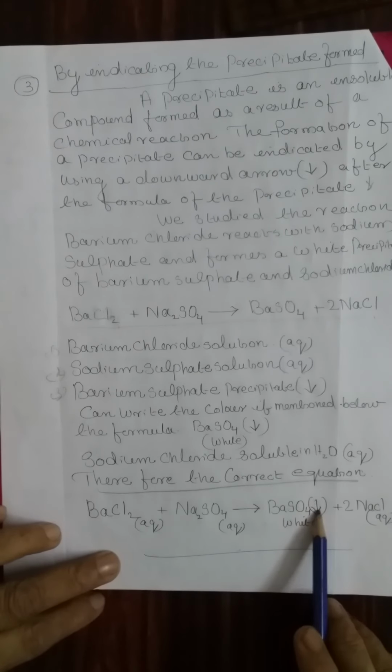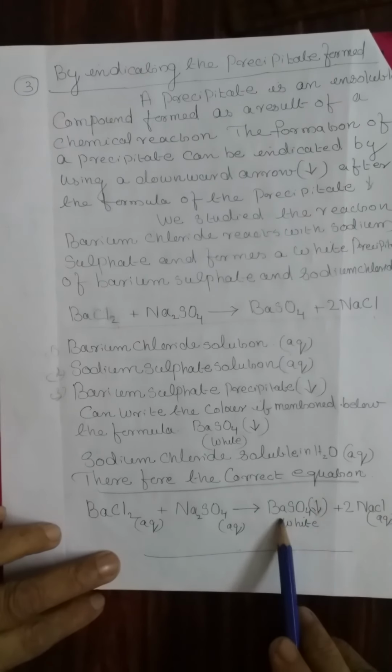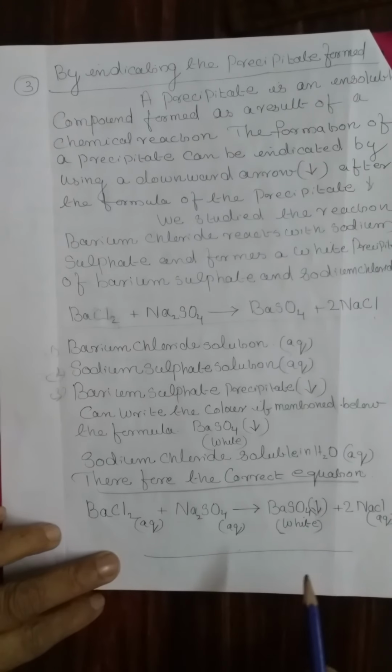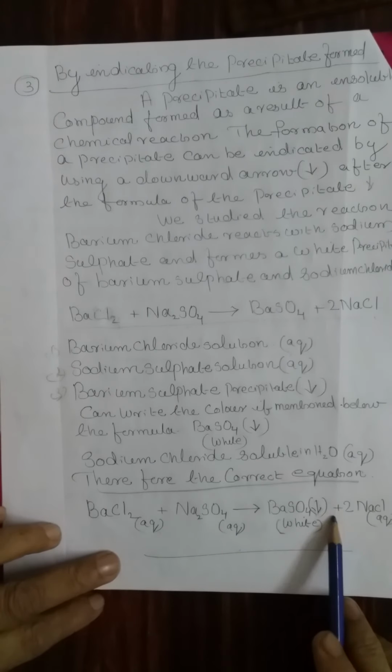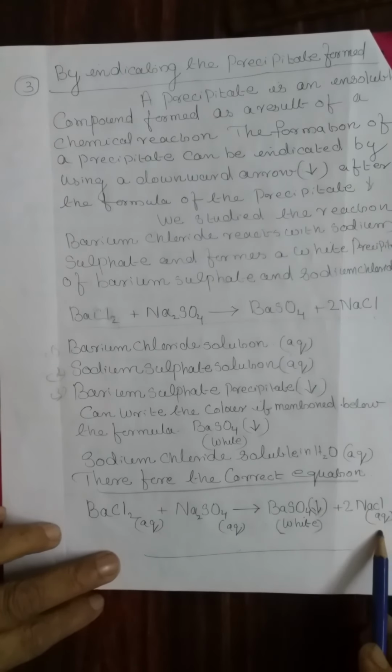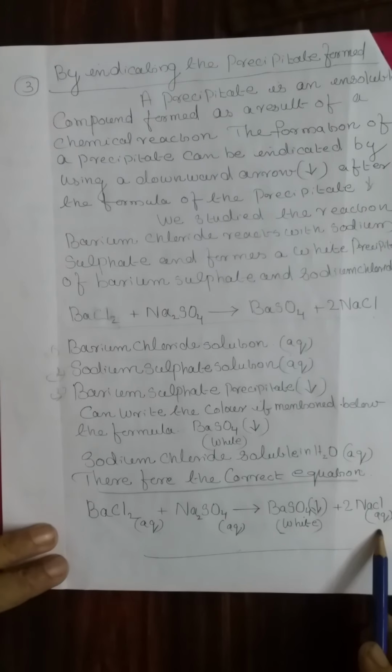Put a downward arrow, and since the color is mentioned, you write white. If the color is not mentioned, no need to write the color. And plus sodium chloride, it is aqueous because it is soluble in water.